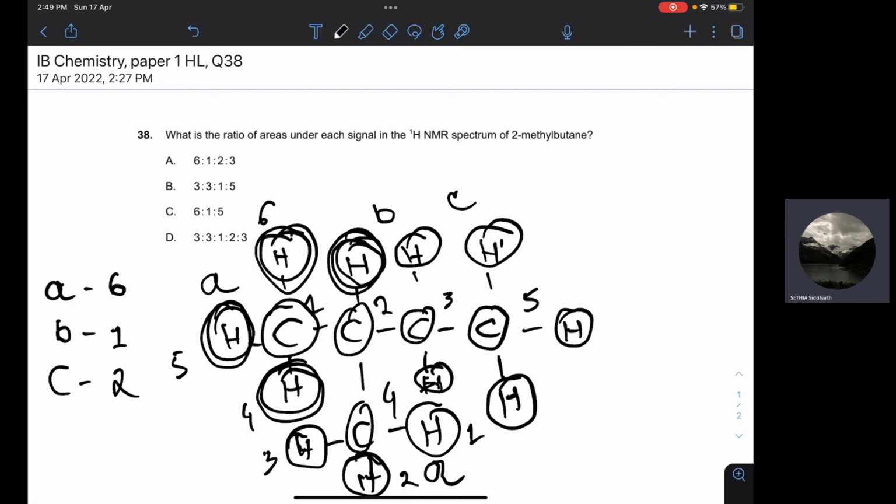The 6 hydrogens in environment A are attached to a carbon, and then that carbon is attached to another carbon, right? And that's what puts them in the same environment. However, if you look at the hydrogens on carbon number 5, this and this, they are in a totally different environment, right?